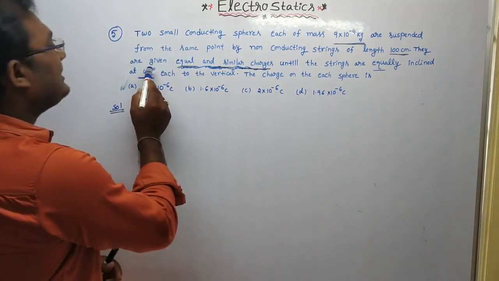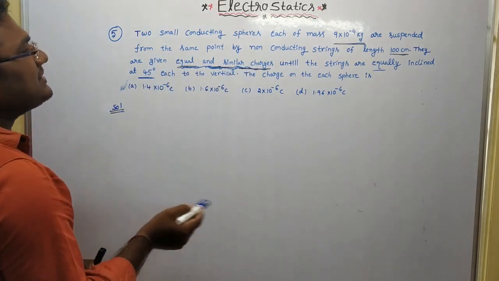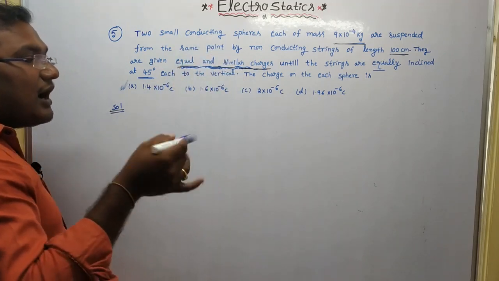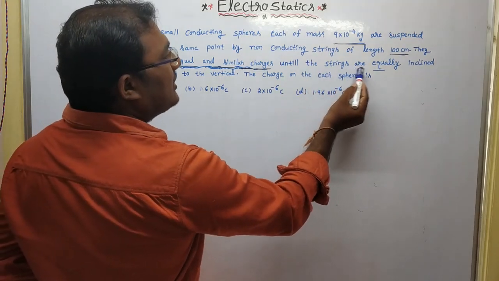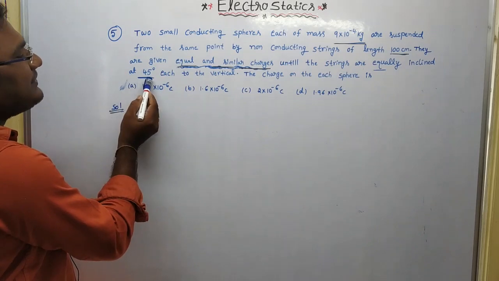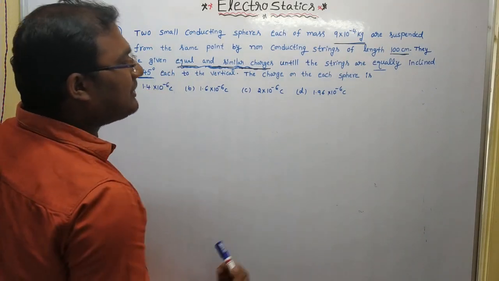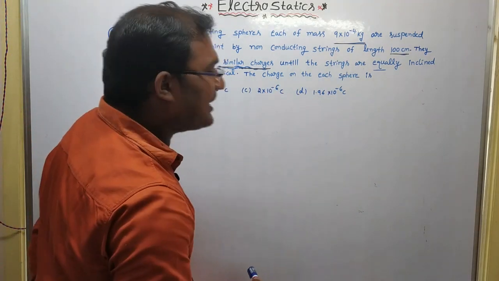They are given equal and similar charges until the strings are equally inclined at an angle of 45 degrees each to the vertical. Then we have to calculate the charge on each sphere.